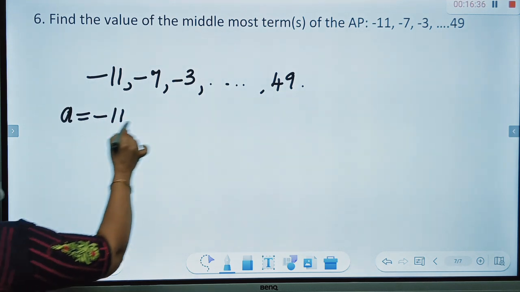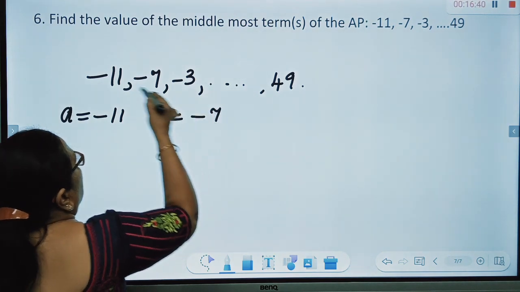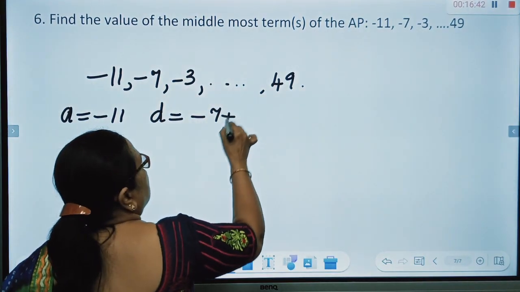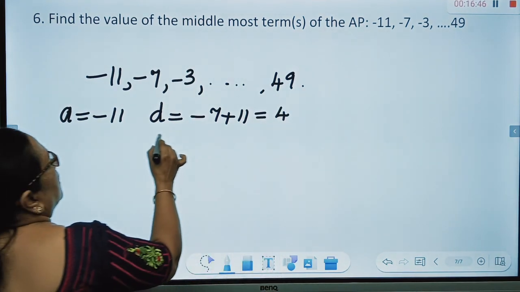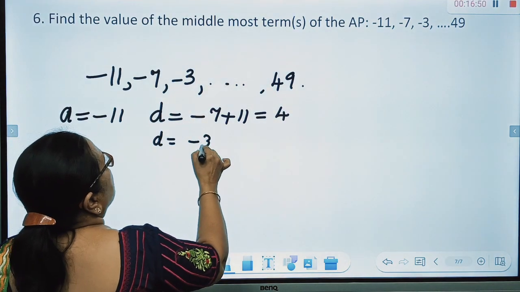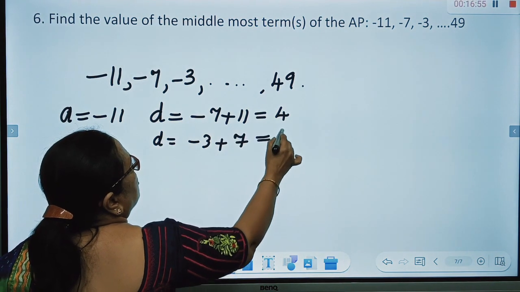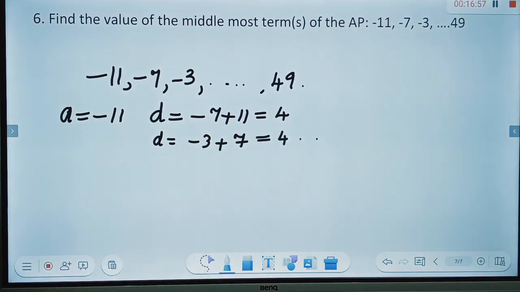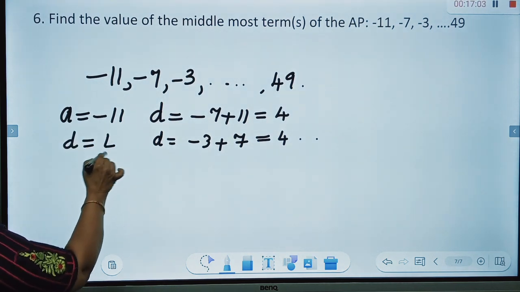Minus 11. What is the common difference? Minus 7 minus of minus 11, which is plus 11, which is 4. D is also equal to, checking with one more term, minus 3 minus of minus 7, which is plus 7, which is 4. Right? So, A is minus 11, D is 4.